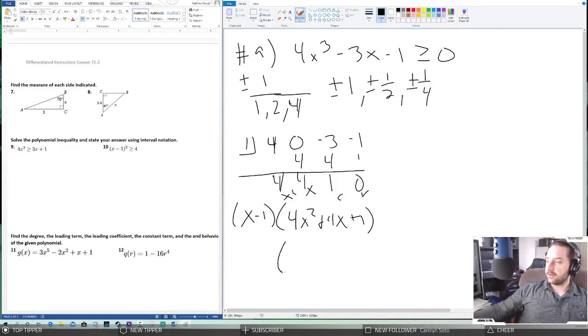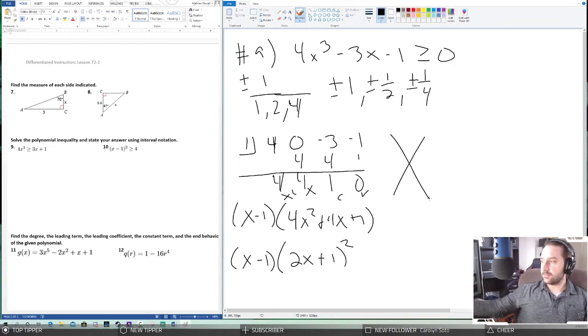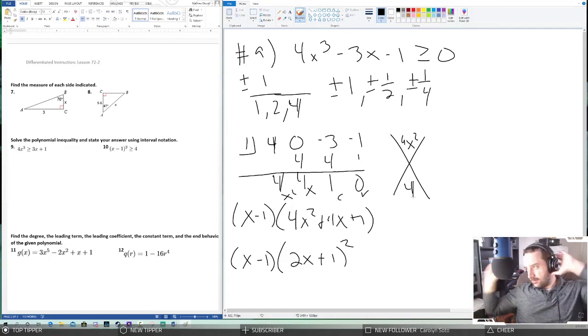So this will factor into 2x plus 1 squared. If you guys do your X-box method, 4x squared, 4x. I'm not very good at the X-box.